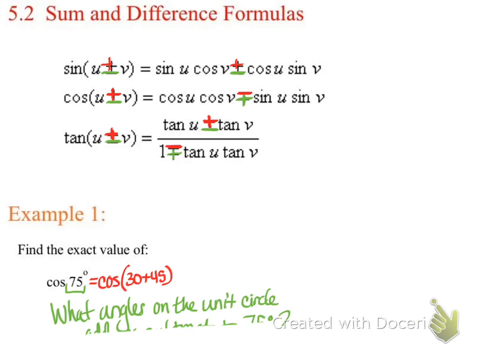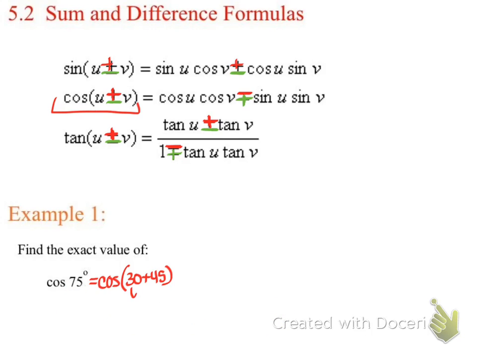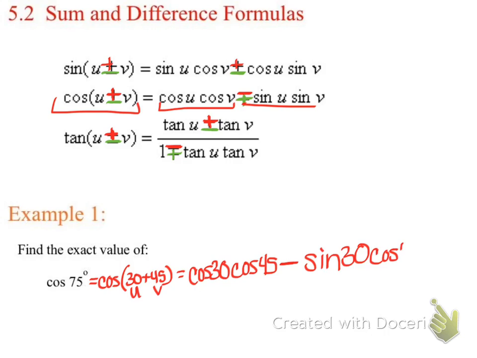So now I'm going to use the sum formula for cosine, where u is 30 and v is 45, and I'm going to have cosine of 30, cosine of 45, minus sine of 30, sine of 45.